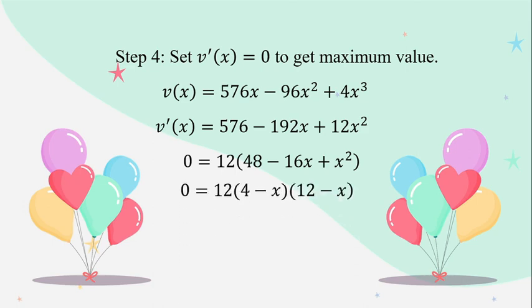So begin factoring the equation in the parentheses. We get 0 equal to 12 multiplied by (4 minus x) multiplied by (12 minus x). So x1 equal to 4 or x2 equal to 12.